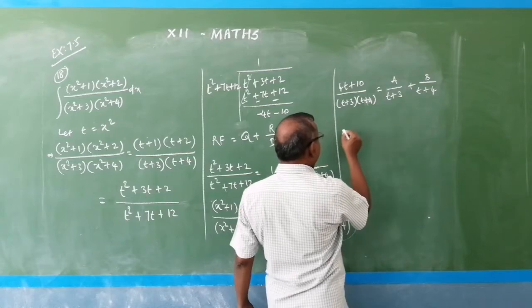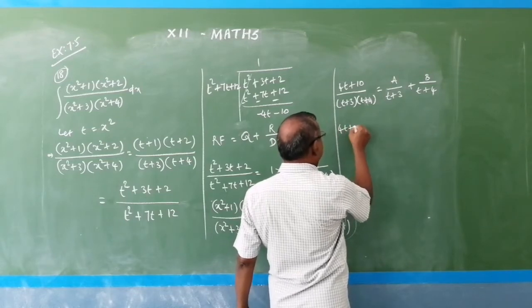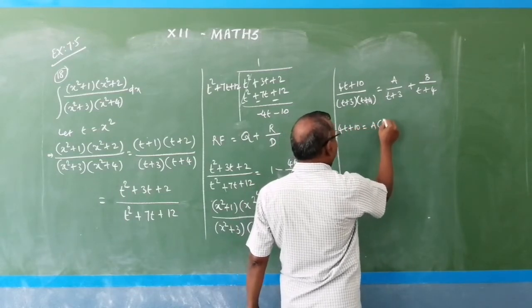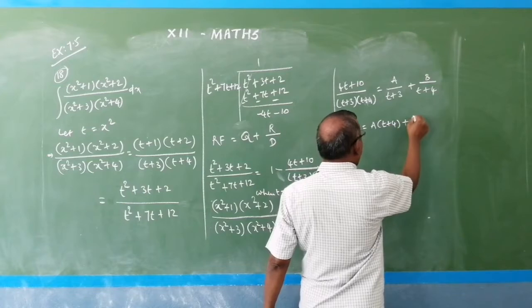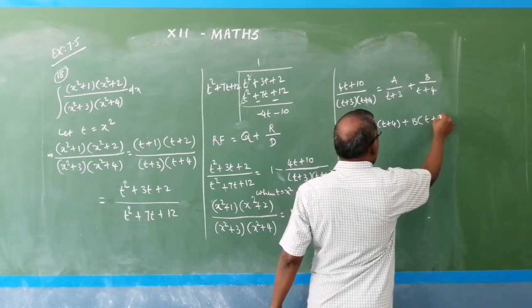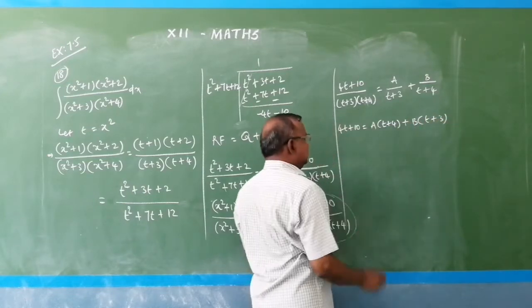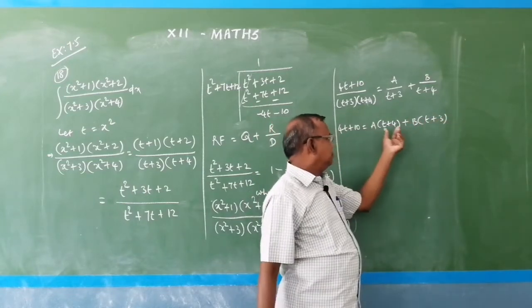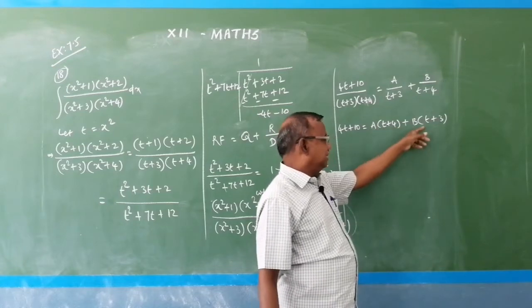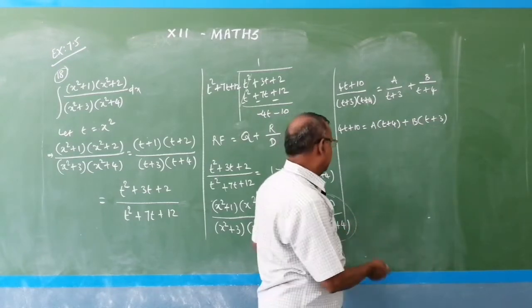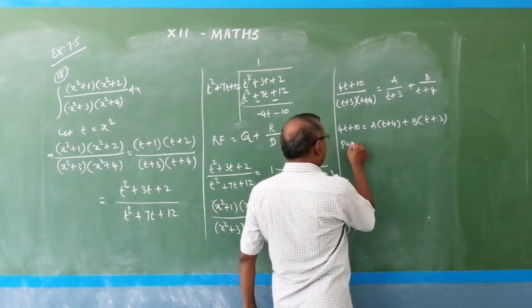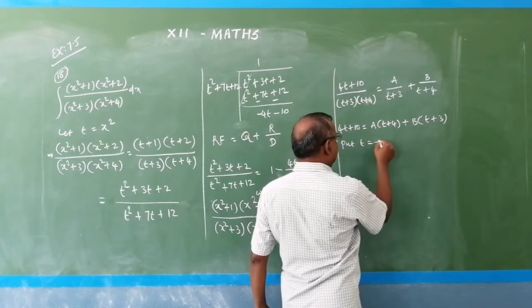Now equating the numerator, 4t plus 10 equals a into (t plus 4) plus b into (t plus 3). Substituting some values for t, we can eliminate either a or b in order to find the other one. So put t equal to minus 3.